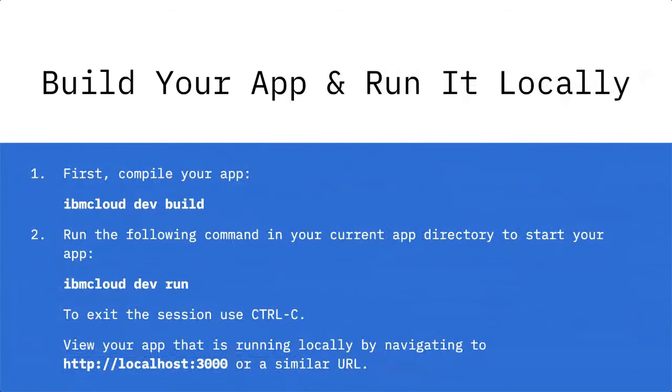I always get stuck places and I'm like, do I push delete? Do I push exit? Do I put a 0? What's the thing? So to exit your session, you'll use Control-C. And to view your application that's running locally, you can navigate to localhost 3000 or a similar URL.